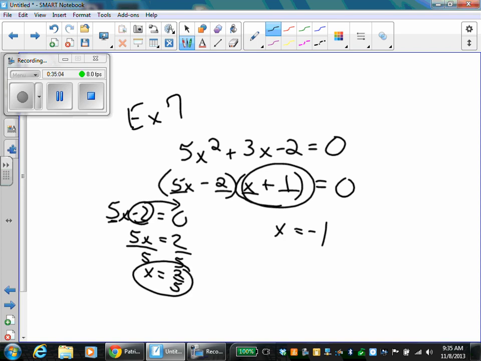Okay. Do you have any questions? Do you see that because of the 5, you have to move it over? And if you put a 2/5 in, it would work. If you plug the 2/5 in here, 5 times 2/5 minus 2, what happens to the 5s? They cancel, and 2 minus 2 is 0, which is what you want. Does that make sense? Okay, questions?